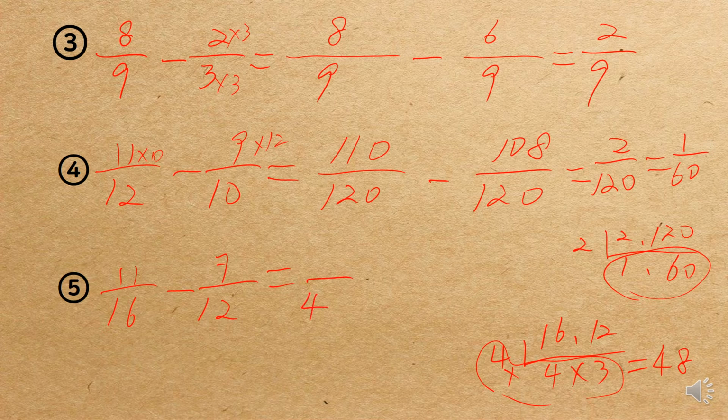So 48. It is multiplied by 3, then 33, and multiplied by 4 becomes 48, also 7 times 4 equals 28. The final answer is 5 over 48.